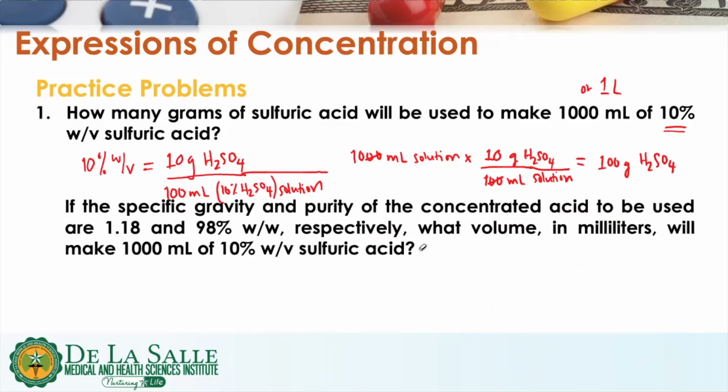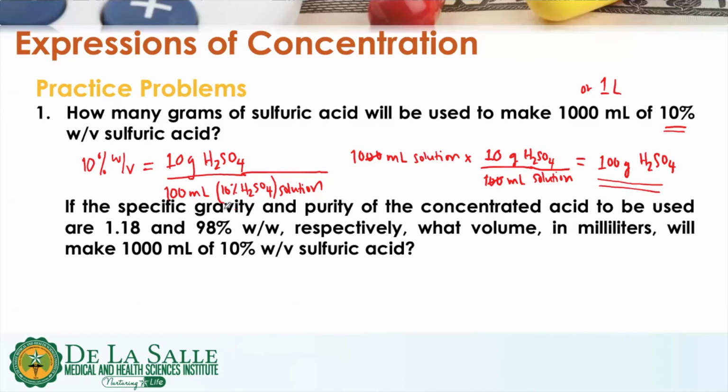So most of the time, we need to instead determine the volume of the substance that we need to measure. We need to convert the weight of the sulfuric acid that we were able to determine to volume. Now, how do we do that?